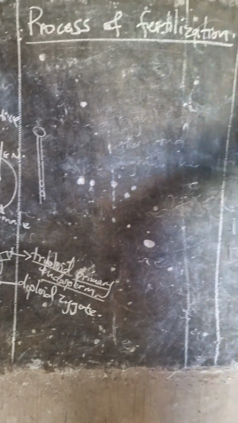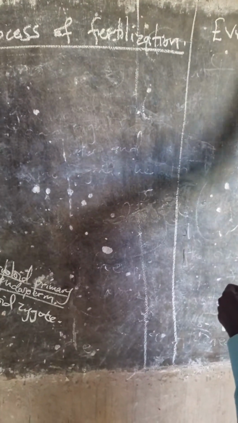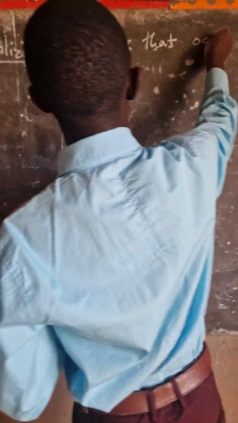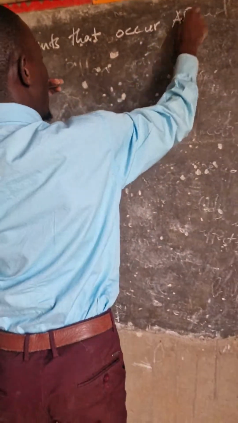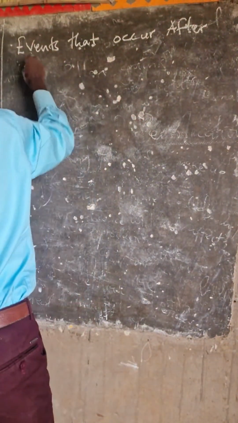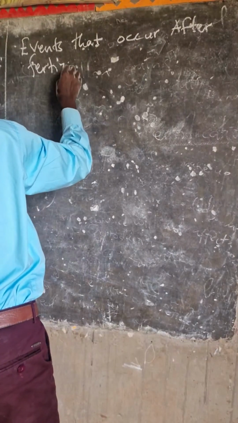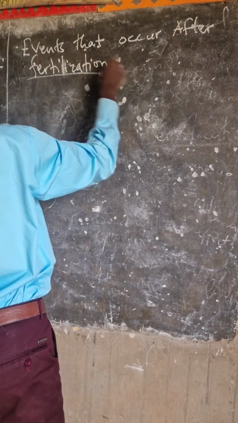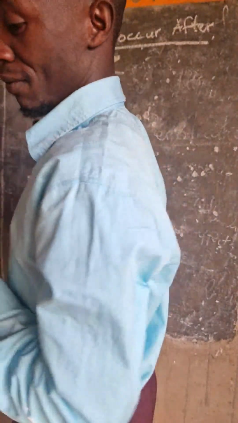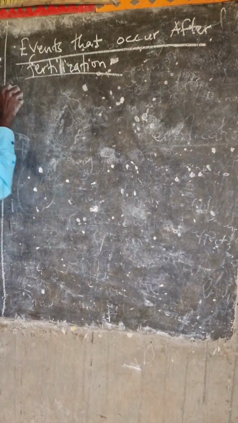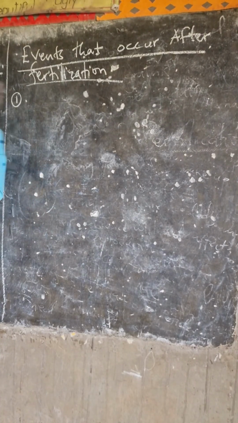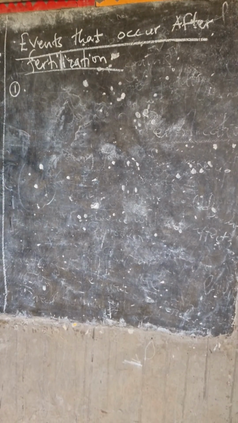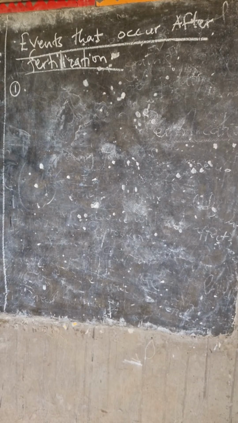So there are events that occur after fertilization. One, what occurs after the fertilization has taken place? I think we remember the diploid zygote that was formed.